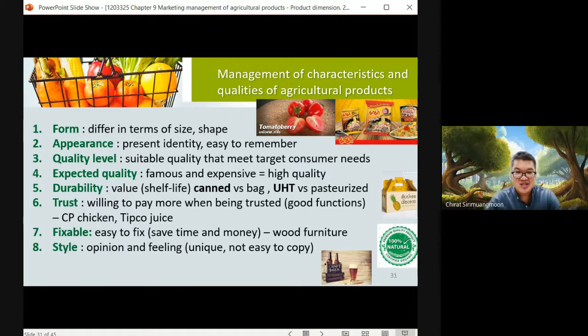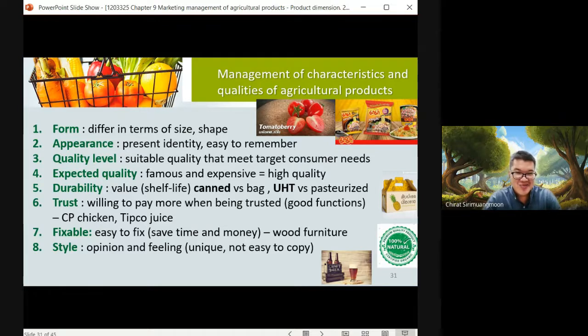Expected quality: do not forget to think about what the consumer expects. Durability can be in terms of values, like having a longer shelf life, like canned milk. It has a longer shelf life than bag milk, or ultra high temperature (UHT) milk can keep longer. So this is durability.